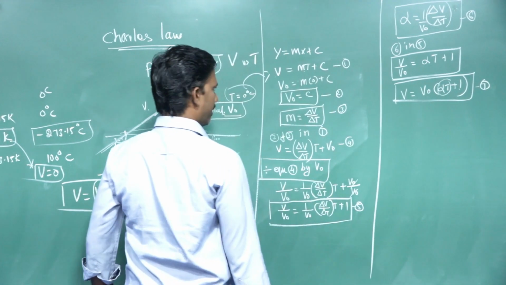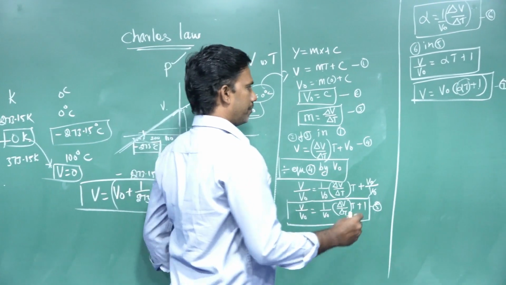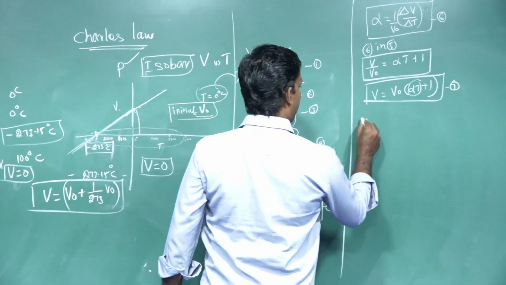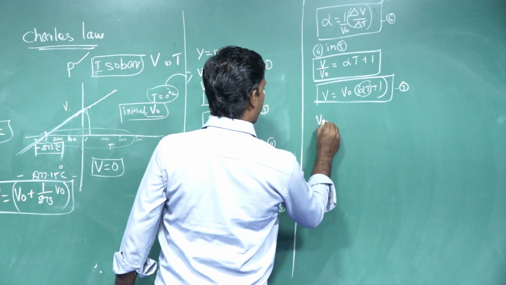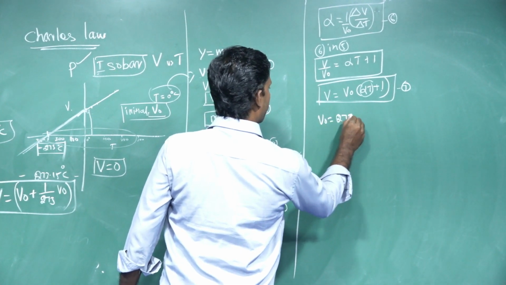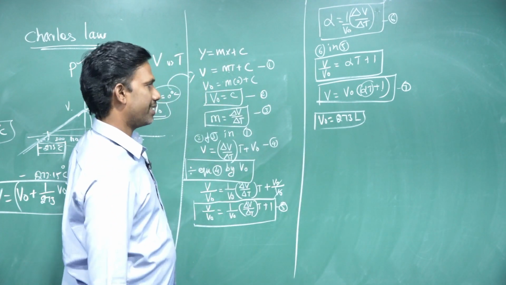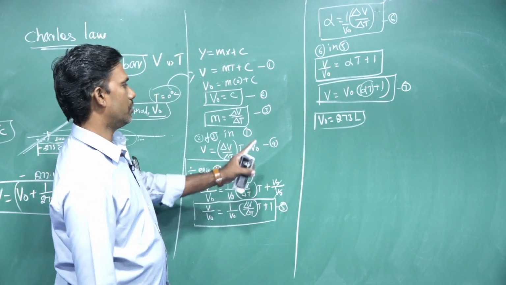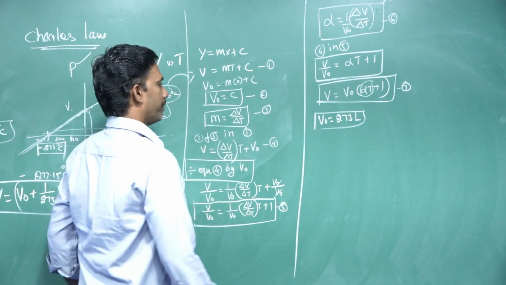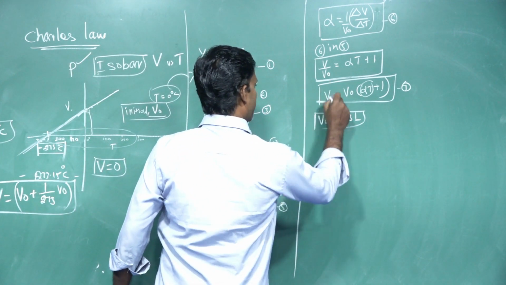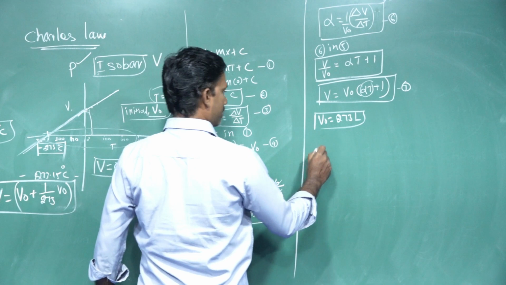Now it is very clear. Let me explain with an imaginary example. I am taking the volume V0 equal to 273 liters, an imaginary value for your understanding. What is the change in volume after the temperature rises?